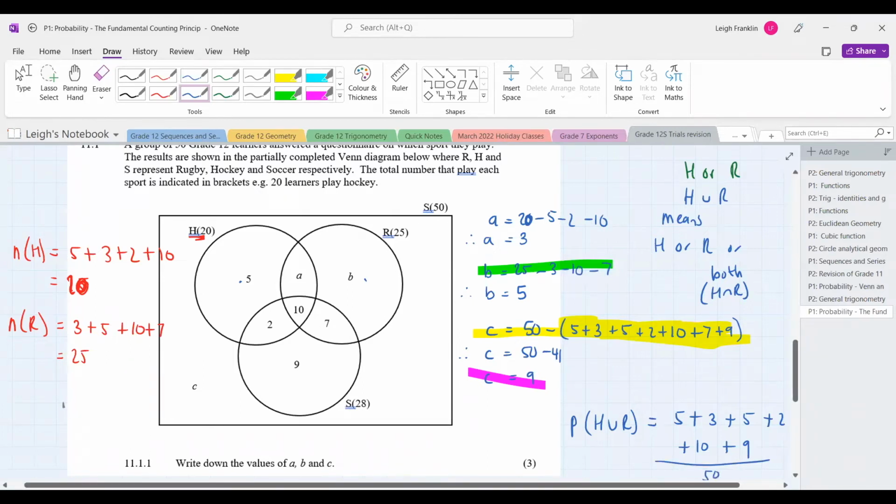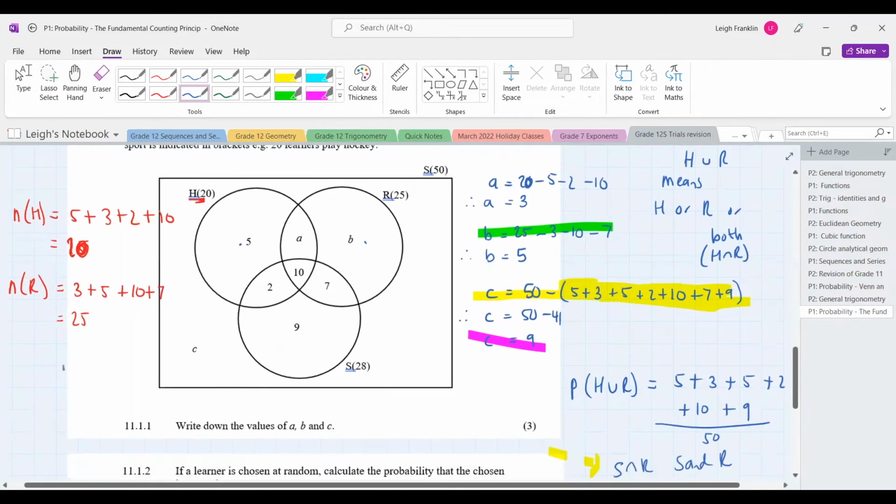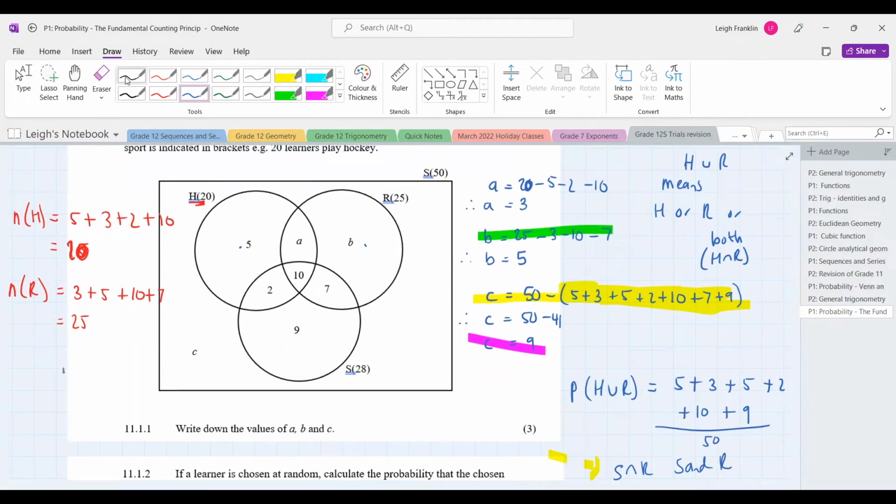Does that make sense to everybody? That's what the union of sets is. So it's the one or the other or both. Is this making sense?